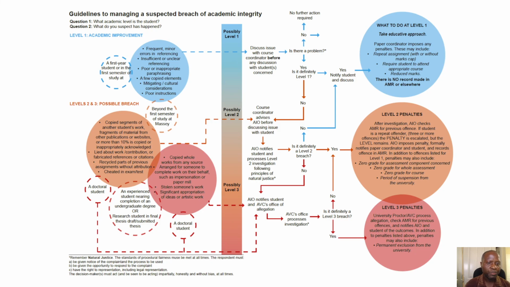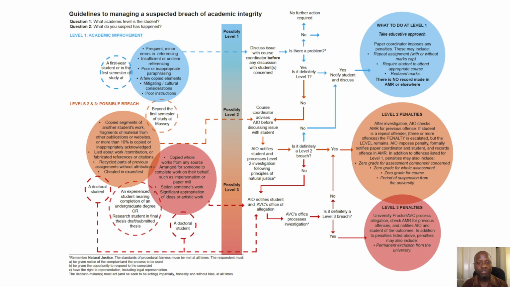At level 2, you are beyond the first semester, after you have studied at the university at least one semester of your studies. You have copied a segment of another student's work. You have lied about work or contribution or fabricated references or citations. You recycled parts of previous assignments. Those are fairly serious ones.